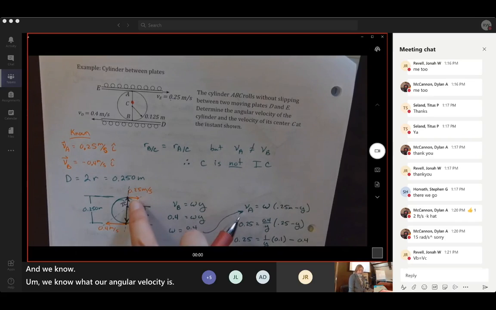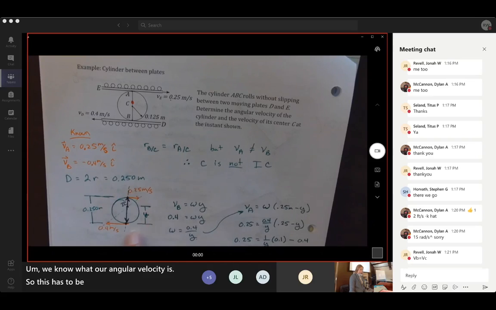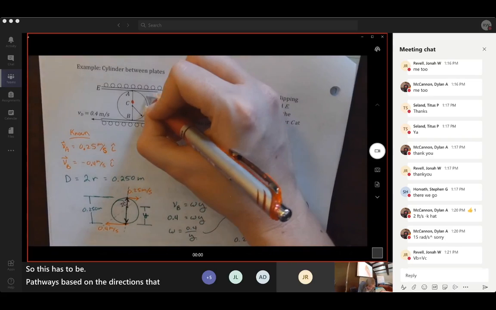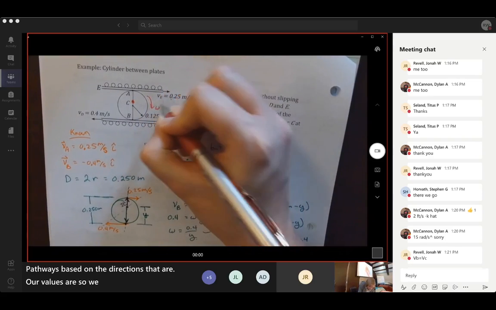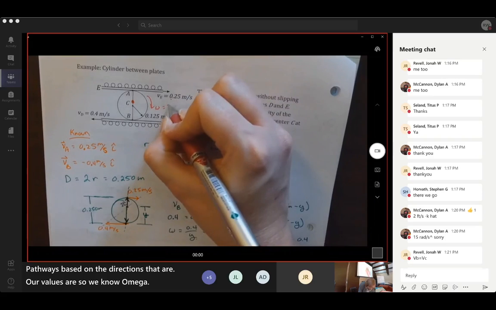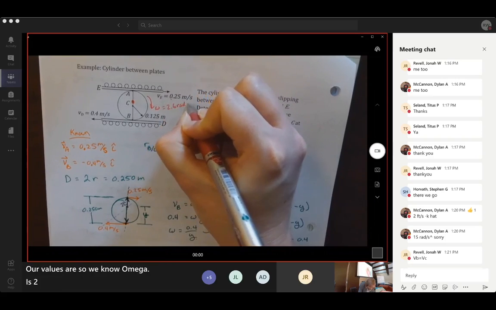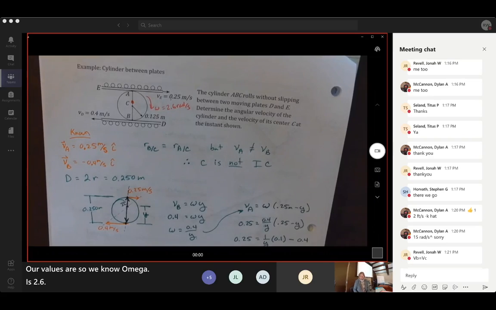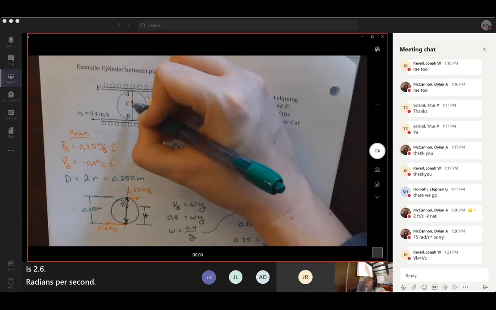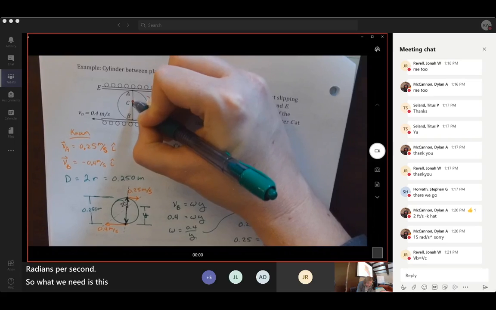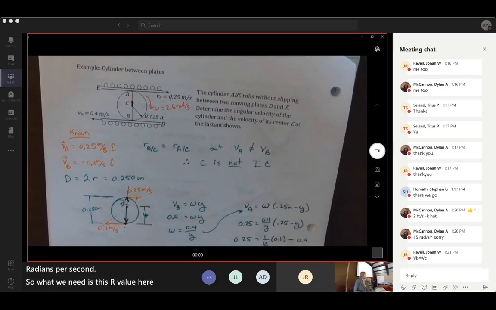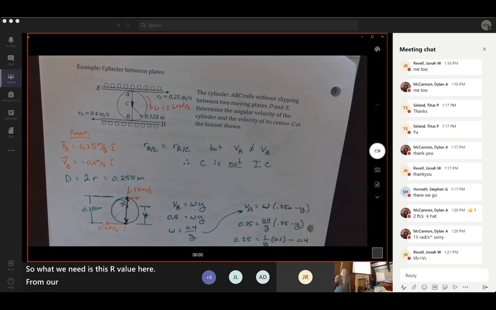So this has to be clockwise based on the directions that our values are. So we know omega is 2.6 radians per second. So what we need is this R value here from our instantaneous center to point C.